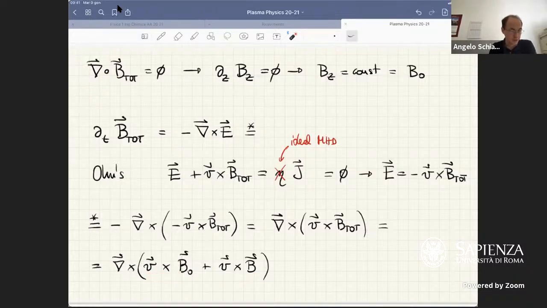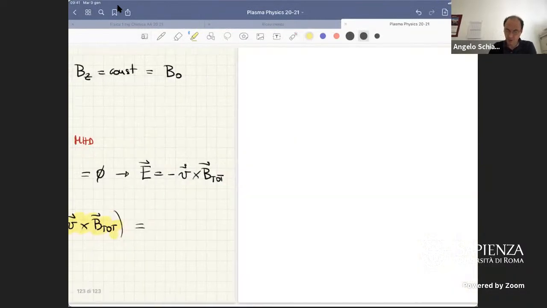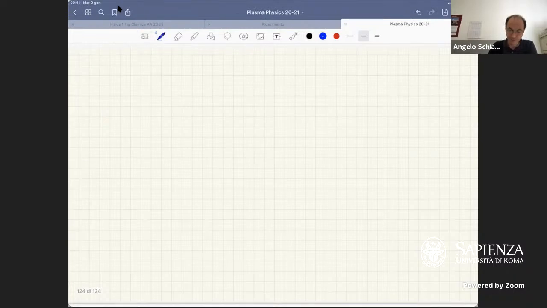So let's do the cross product of V cross B dot. So we want to compute V cross B dot, and the derivation of Alfvén waves is full of this vector product. So we're going to start with the first one.